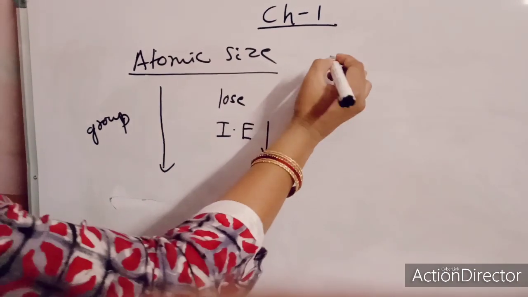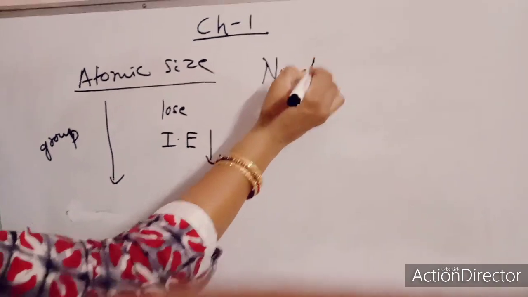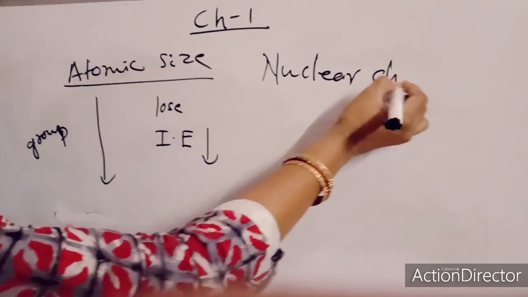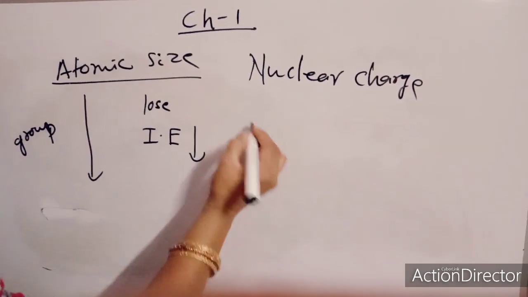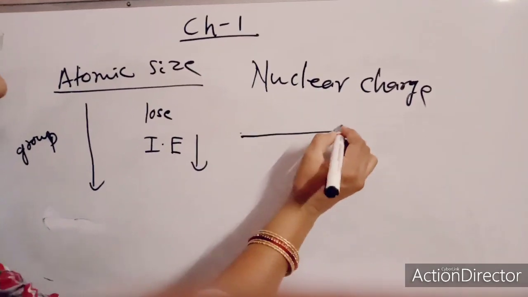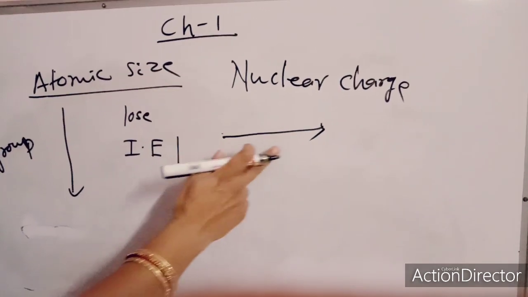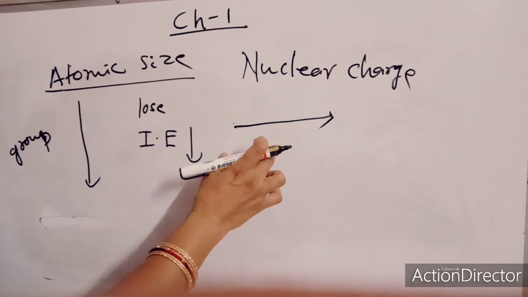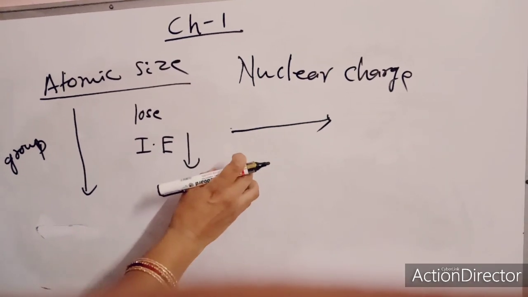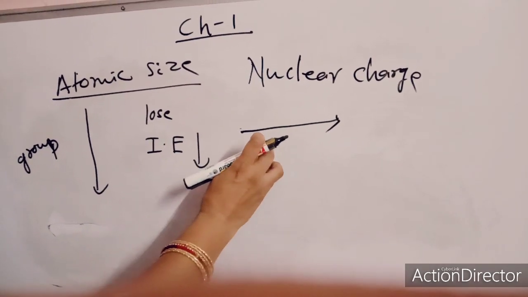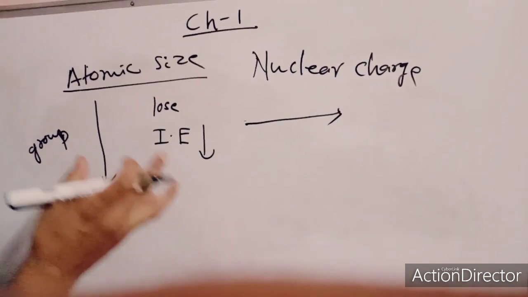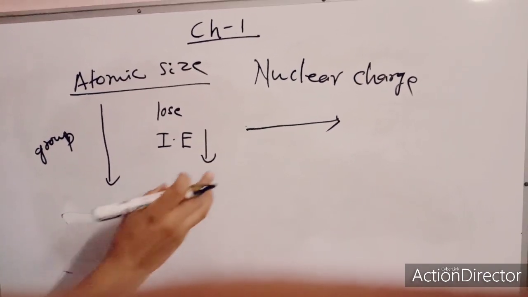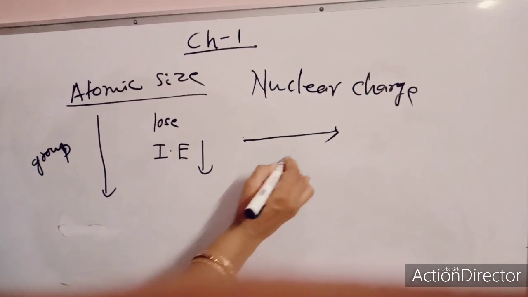Again, nuclear charge. As nuclear charge increases along a period, what happens? The hold between nucleus and outermost shell increases. That means it is harder to remove one electron. When the nuclear charge, the positive charge, increases, it is harder to remove one electron from the shell.